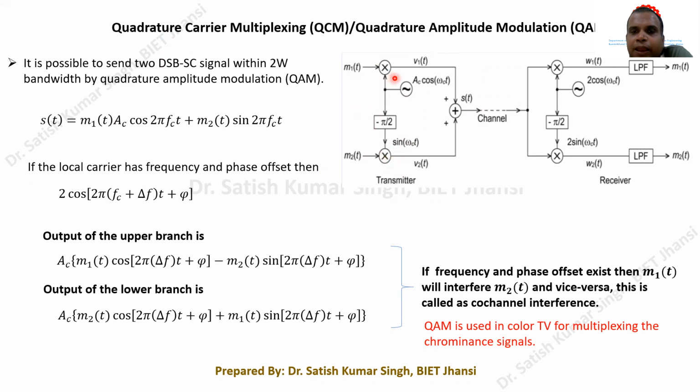I can multiply them separately with the separate message signals m1(t) and m2(t), and then add these two signals. Once we add them, the resulting signal is s(t).